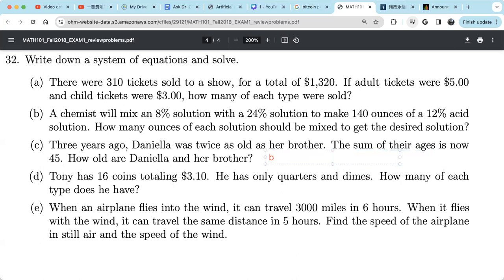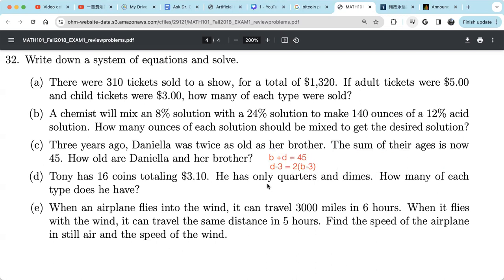So the first one, we got B plus D equals 45. Then the second one is 3 years ago, so it's D minus 3 equals 2 times B minus 3.